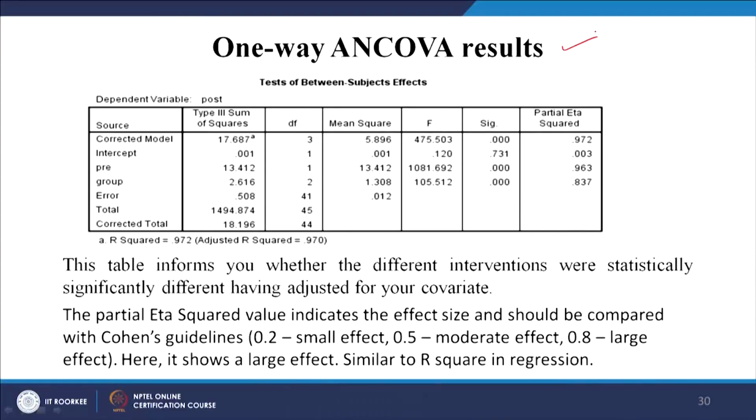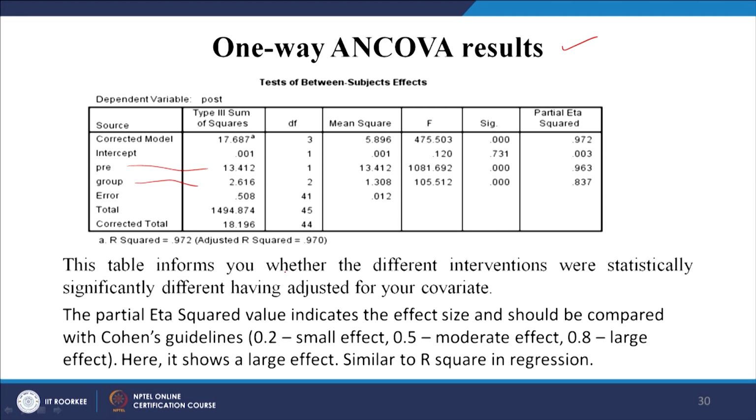So, what was the purpose of ANCOVA? It helps you to adjust for the change in the dependent variable made by the use of a covariate, right. Now, if you look at the results, now look at this. This is the pre, right, this is the group. So, group is the exercise level, low exercise and high exercise and all that, right.